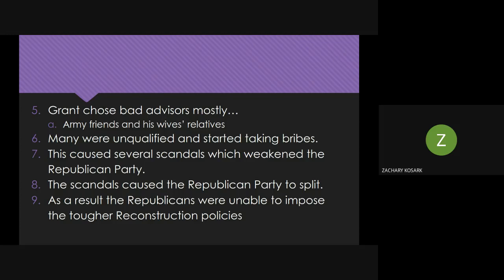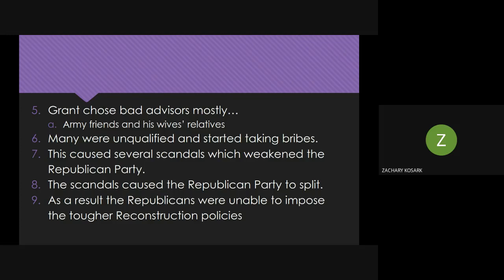As a result, the Republicans are not as powerful, because if you have one unified group moving forward, all of you can vote in the same way. If it's split, now things get a little bit more difficult, and the Democrats, who want fewer Reconstruction laws, can be more successful. As a result, the Republicans were unable to impose the tougher Reconstruction policies.